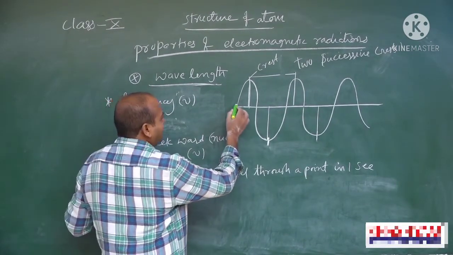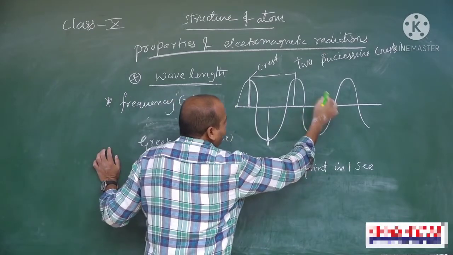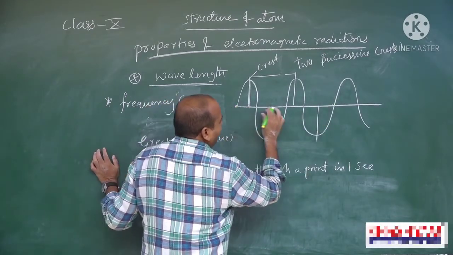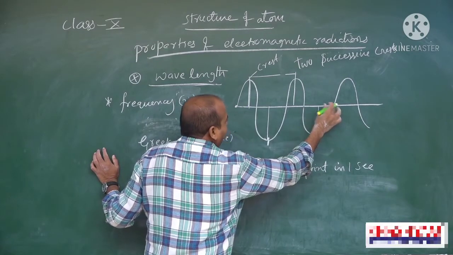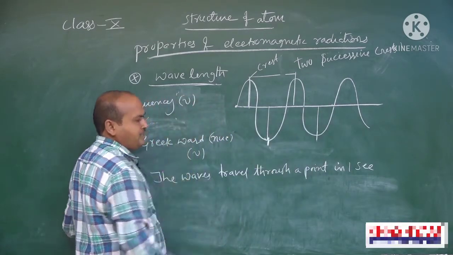For example, if you take this point to this point, the number of waves that travel through a point per unit time is called frequency.